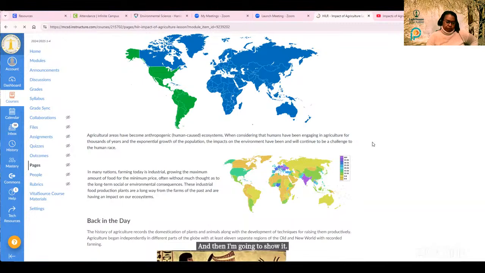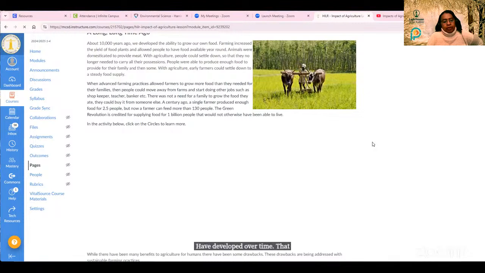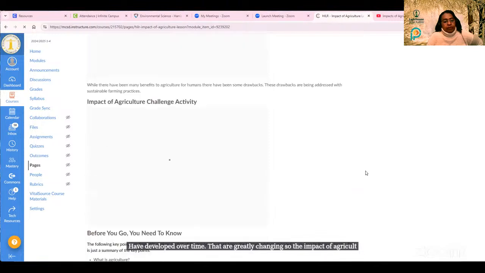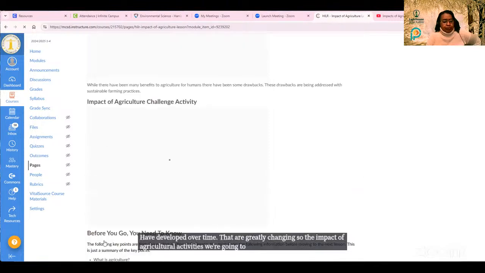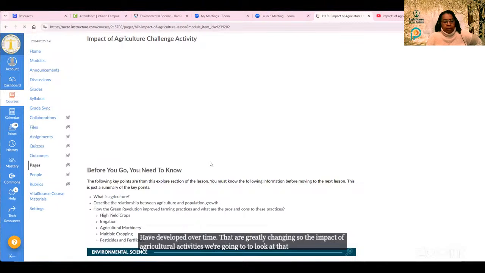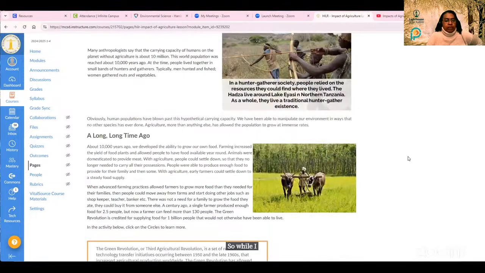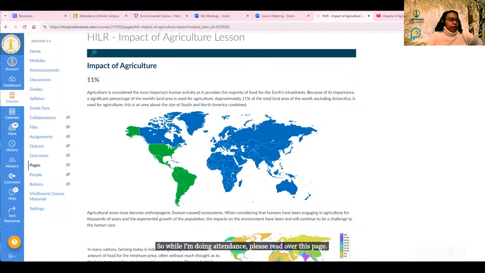The impact of agricultural activities, we're going to look at that, the machinery, the practices, and so on. So we're going to come back to this challenge in a little while. So while I'm doing attendance, please read over this page, and I will be back in a few.